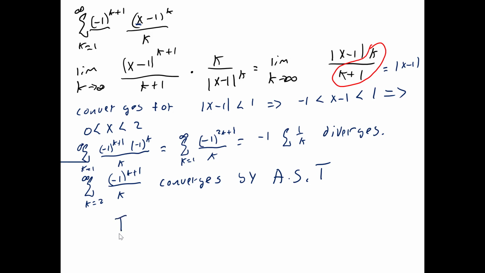And so then the interval of convergence is from 0 to 2. And we've just figured out that at 0 it diverges and at 2 it converges. So not including the 0 and including the 2. That is the interval of convergence.